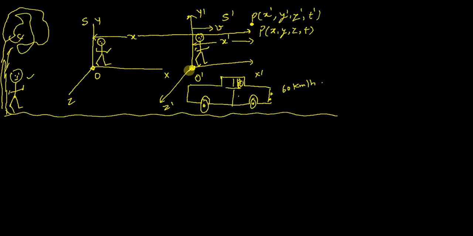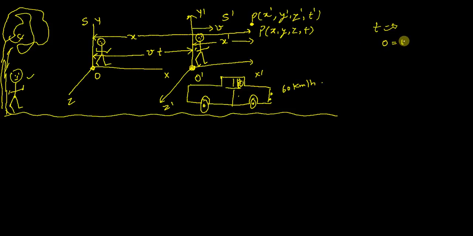At any time t, the distance between O prime and O will be velocity times time, where v is this relative velocity. If you multiply velocity by time, you get the distance. So at any time t, this is the distance between O and O prime, right? At t equal to 0, what will happen? This will be equal to 0, and the S prime frame will coincide with the S frame. So at that time O and O prime will coincide at t equal to 0.